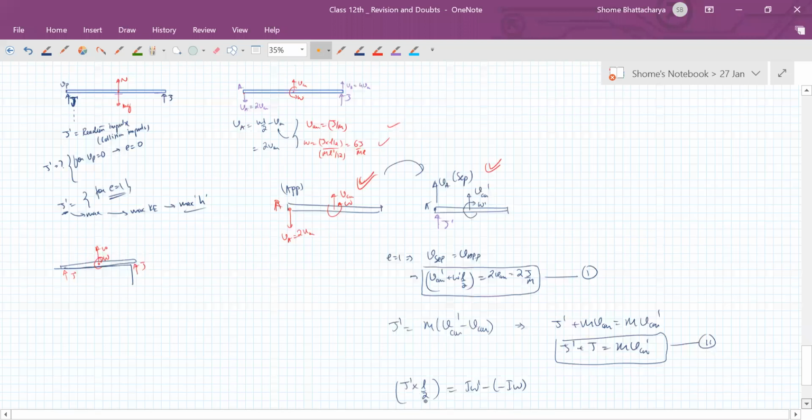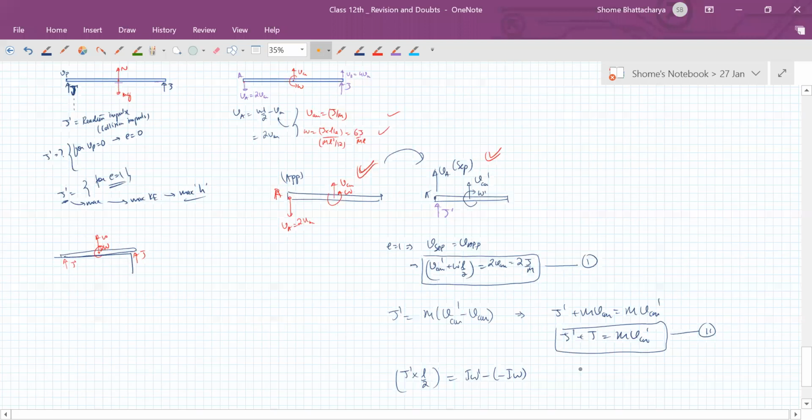Because this is now, originally it was like this. So this will actually become J prime minus J into L by 2 is equal to ml square by 12 omega prime.